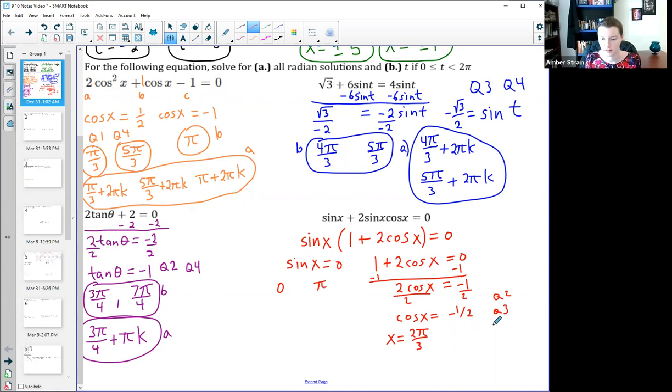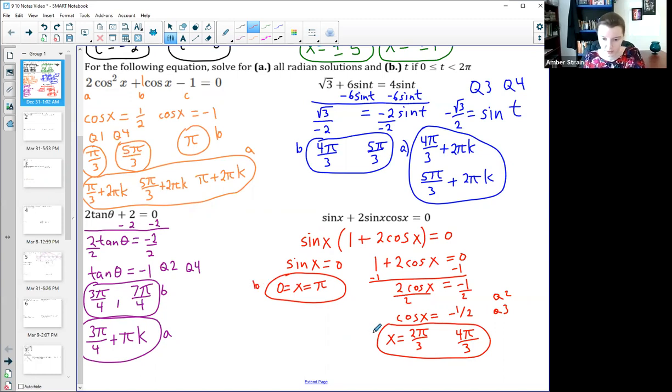Quadrant 2, and then in quadrant 3, it would be 4 pi thirds. Okay. Now these 4 answers right here, x equals, there you go. Okay, would be the answer again for part B.